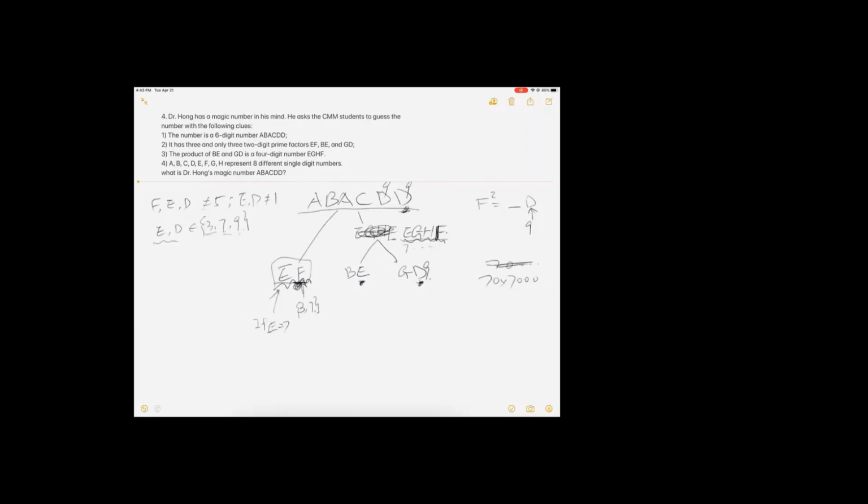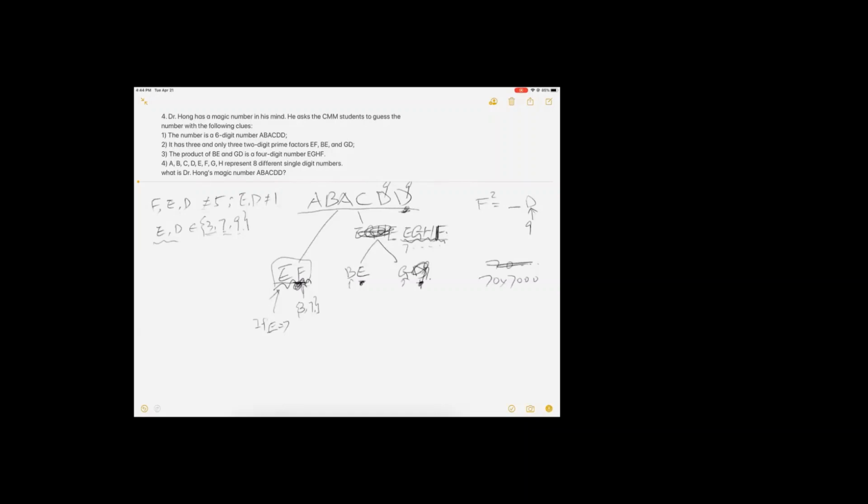Why is it too big? Because so far we know that B and G cannot be 3, 7, or 9, because we already figured out E and F must be 3 and 7, and D is 9.